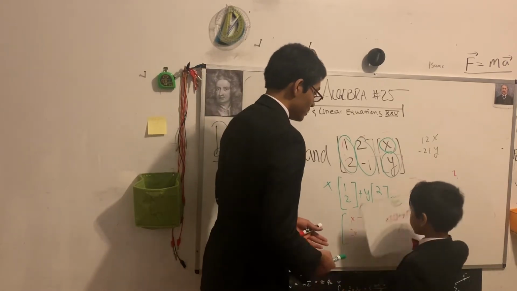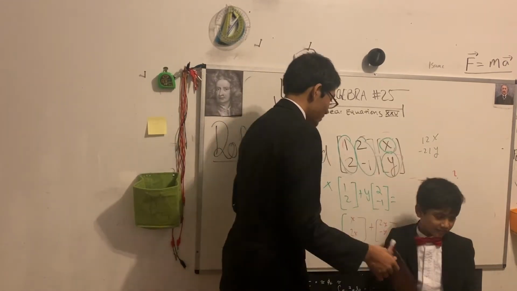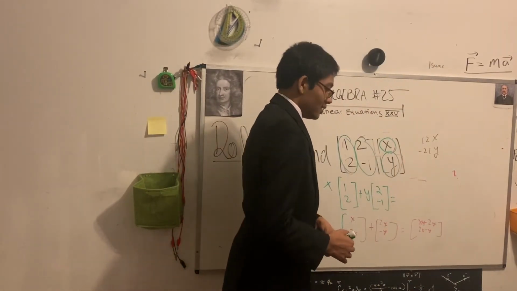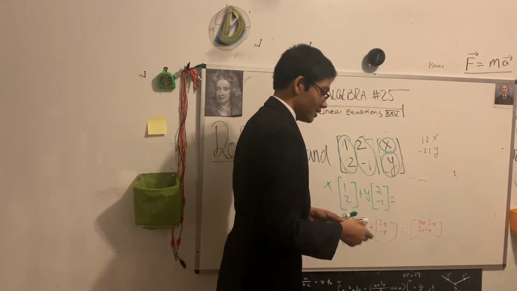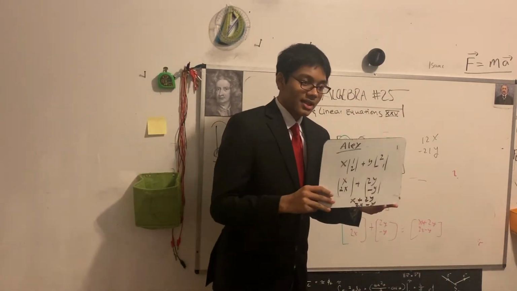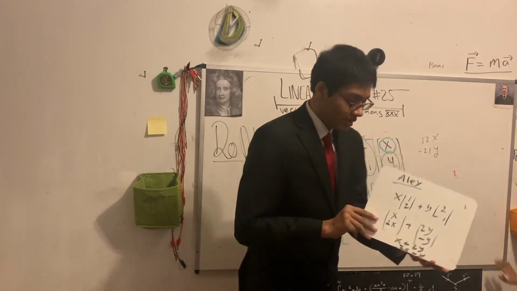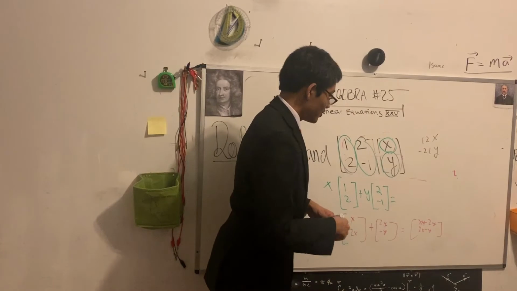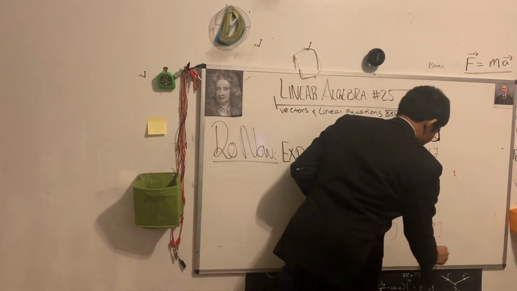Perfect. So our student here got the correct answer, and he did it all on his own, which is even better. Great job, Alex! So as you can see, that's our answer.